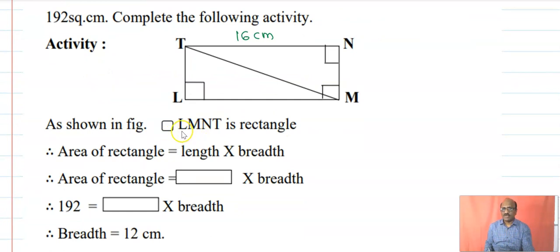As shown in the figure, quadrilateral LMNT is a rectangle. Area of rectangle is equal to length into breadth.